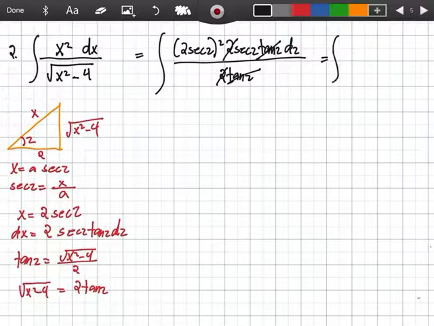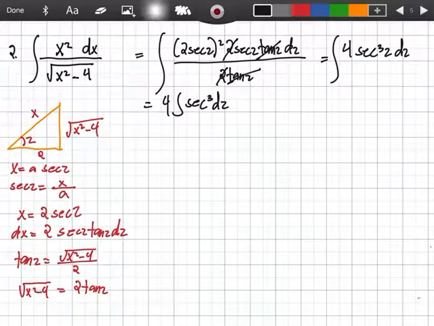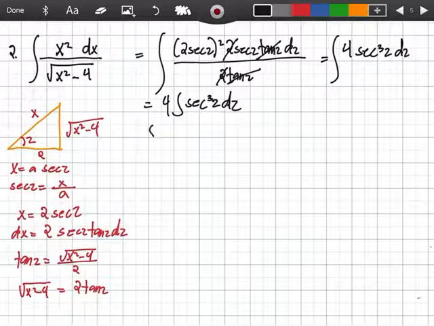Then, it will become 2 squared, 4. Secant squared times secant is secant cube z dz. So, it will become 4 integral of secant cube z dz.